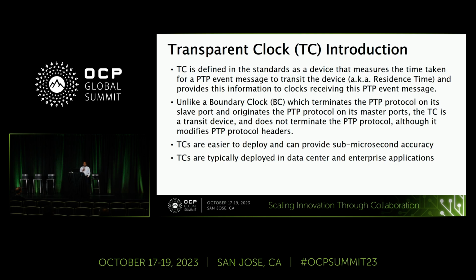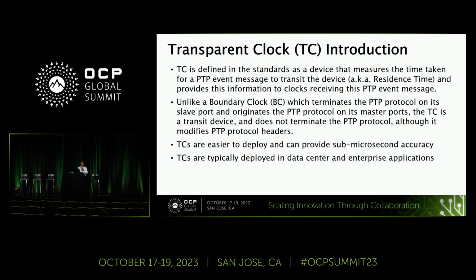So transparent clock is basically a mechanism that measures the residence time of a switch. And in this scheme, unlike a boundary clock, all the endpoints directly communicate with the grandmaster. I mean, the packets will go through hop by hop, but they are essentially talking to the grandmaster.